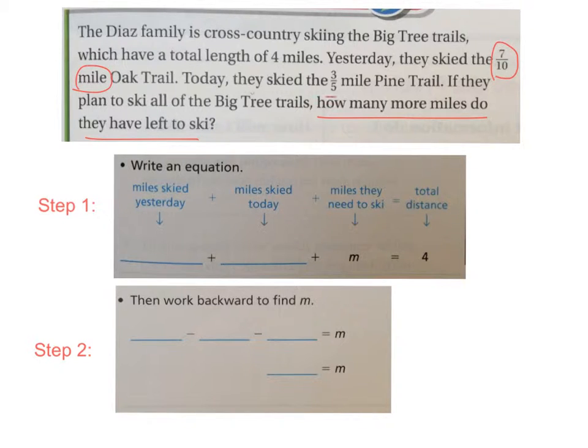Today they skied 3/5 miles. Okay. Chica? They plan to ski the rest of the trail. Well, right, we did say that they're going to ski the rest, but there's some important information we're leaving out that we haven't identified. Yarden? Right, altogether they have 4 miles that they need to ski.